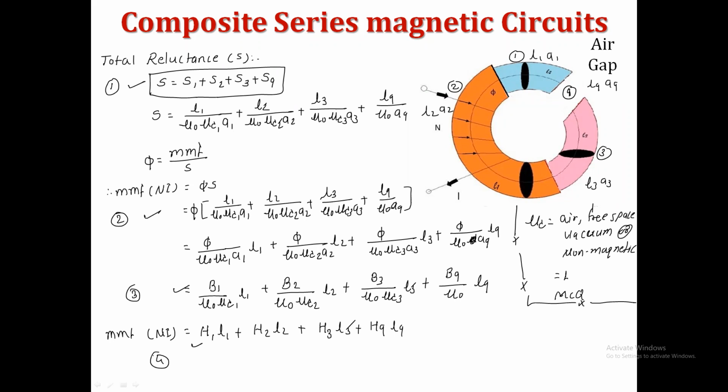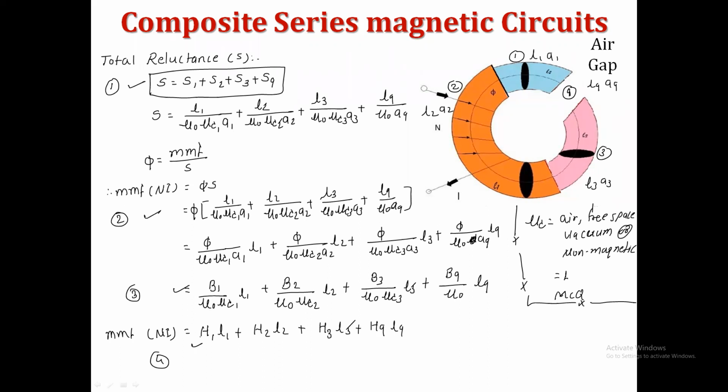Means for the series magnetic circuit, if I want to calculate the total reluctance, I can use that first equation. If I want to use the basic formula with the help of the different reluctances, I can use the second equation. If I know the flux density, then I use the third equation.